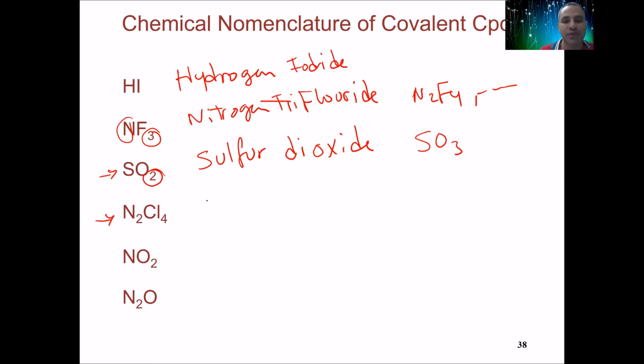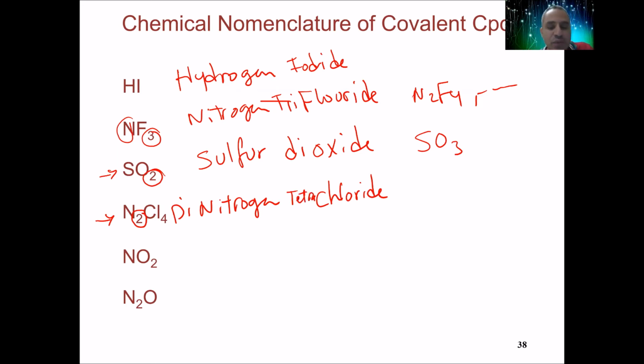Nitrogen is further to the left, so it comes first, so it's nitrogen. And then chlorine comes next with IDE at the end, so it's chloride. But we have to use Greek prefixes to indicate that it's two nitrogen and four chlorides.